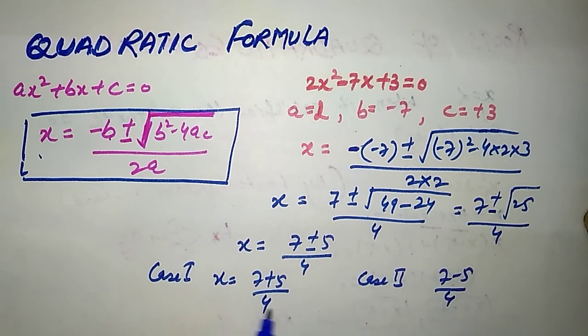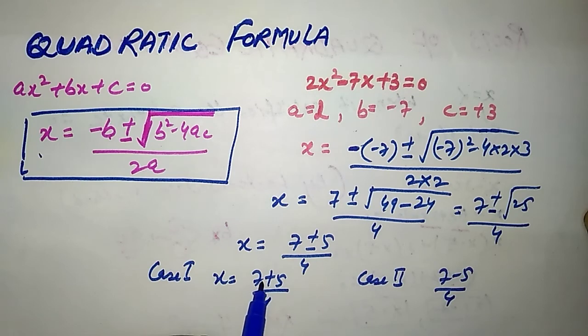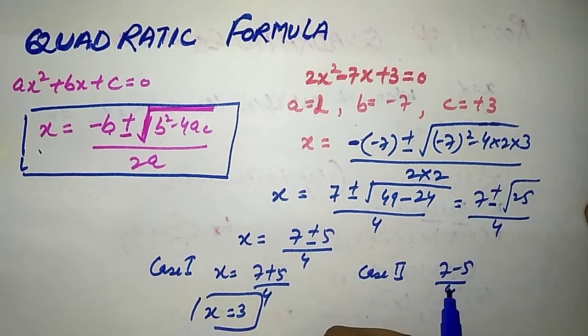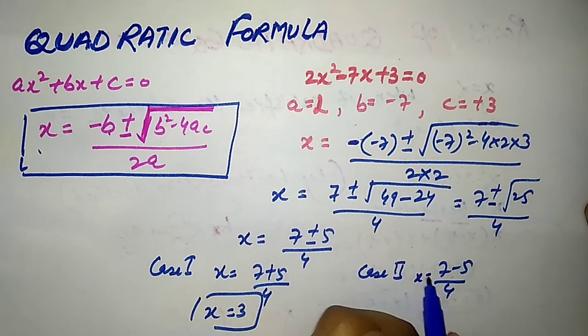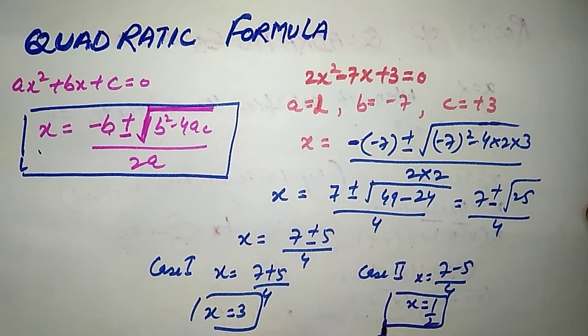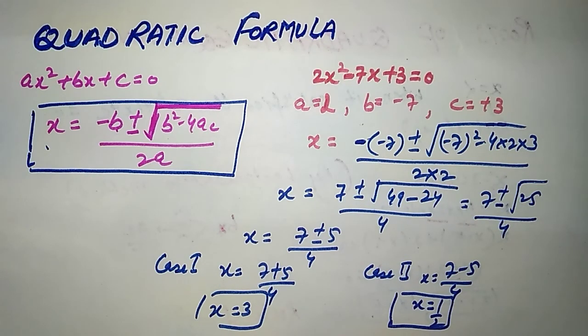Then we get 7 plus 5 is 12, 12 upon 4 is 3, and the other is 7 minus 5 is 2, 2 upon 4 is half. So x is equal to half. This is all about the quadratic formula. So there are three methods: factorization, the completing square method, and the quadratic formula. This is all about quadratic equations.